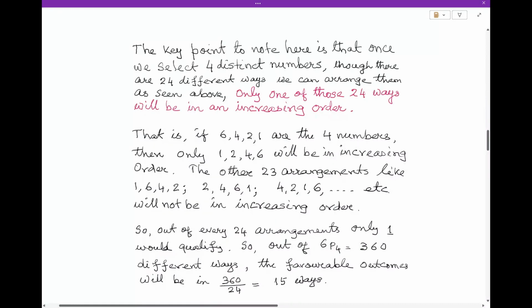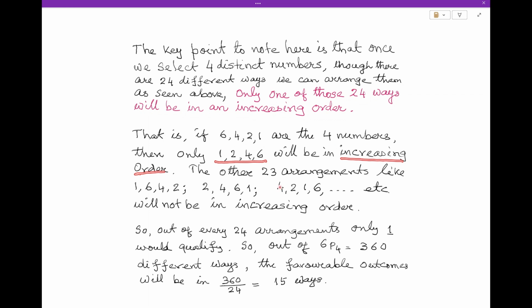The key point to note here is that once we select 4 distinct numbers, though there are 24 different ways we can arrange them as seen above, only one of these 24 ways will be in an increasing order. That is, if 6, 4, 2 and 1 are the 4 numbers, then only 1, 2, 4, 6 will be in increasing order.